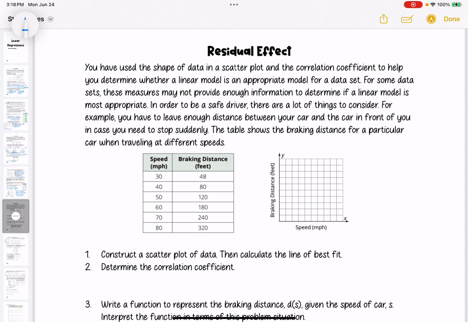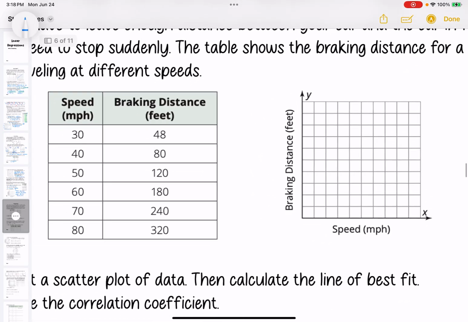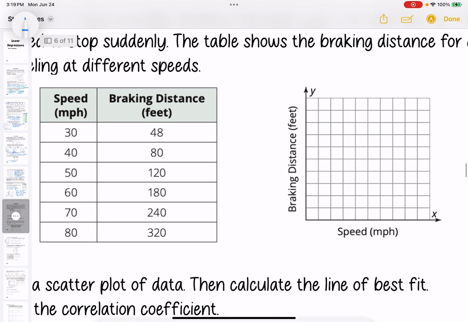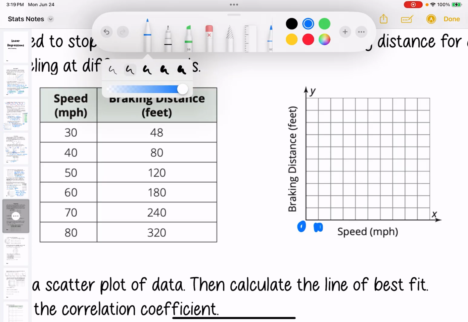The first thing we're going to do is construct a scatter plot and then calculate the line of best fit. So we're going to graph it on our paper first. Let me make my pen a little bit smaller.